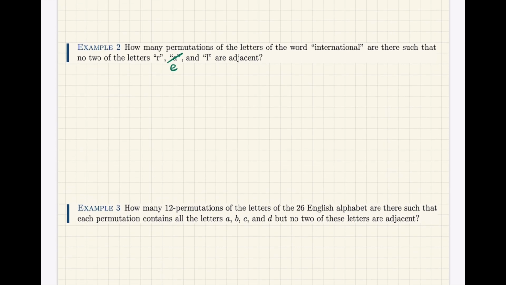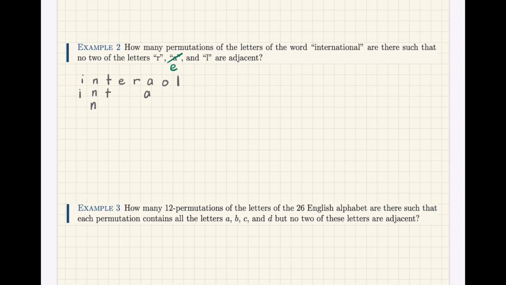First, I will start by writing INTERNATIONAL in this way. Now I see that I have 2 repetitions of I, 3 repetitions of N, and so on. After the correction, R, E, and L shouldn't be adjacent at all, no 2 of them.